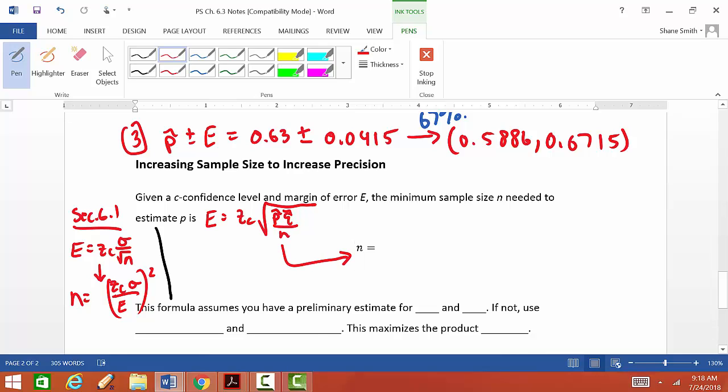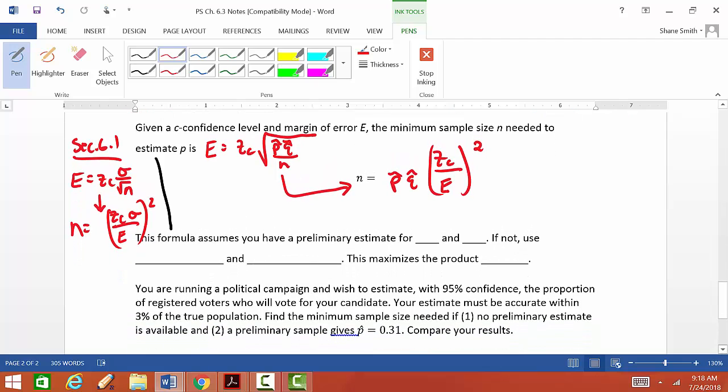And when we solve it for n, we get p hat, q hat, z sub c over e, and this part is squared. Just the fraction is squared. And this is used for the same reason that we did for 6.1. So sometimes statisticians are approached by scientists and they say, how much data do I need to be accurate within a certain margin of error?